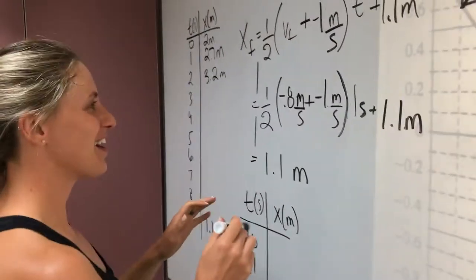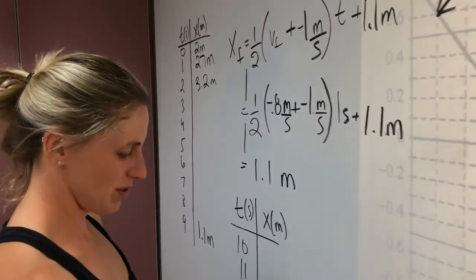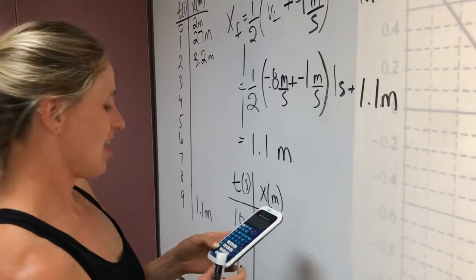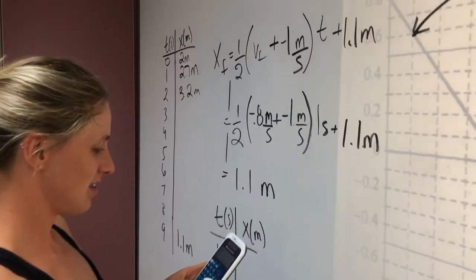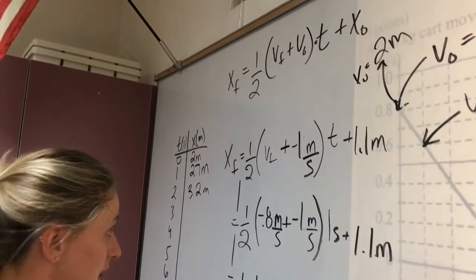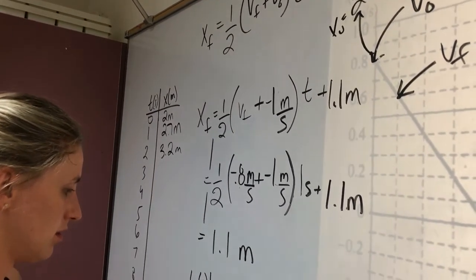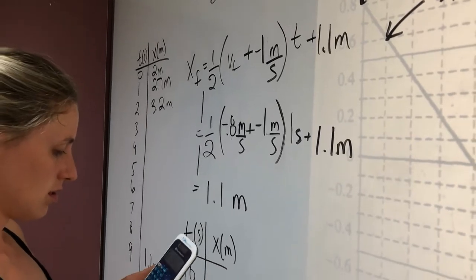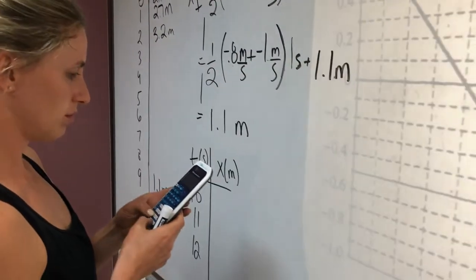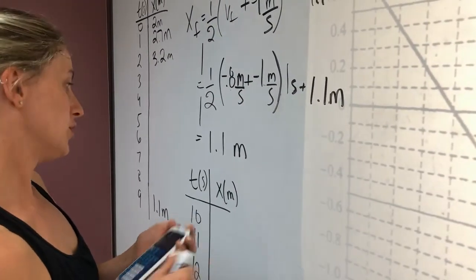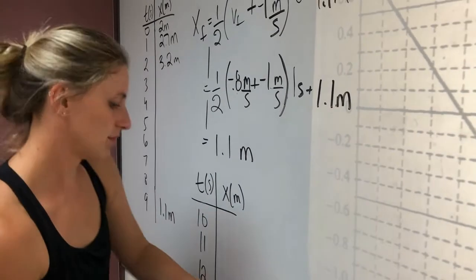So okay, back over here. I'm going to go ahead and plug this into my calculator. So 0.5 times negative 0.8 plus negative 1 times 1 plus 1.1, and I get 0.2.